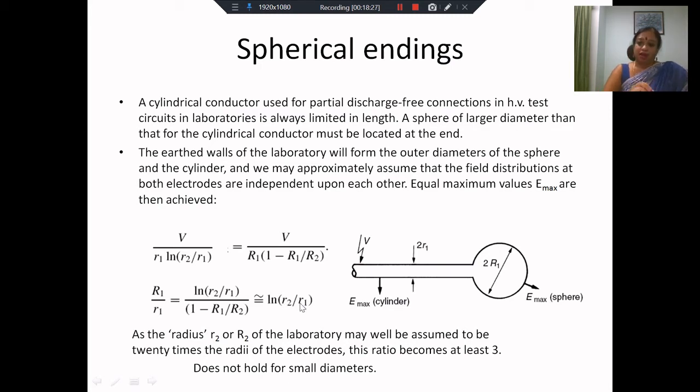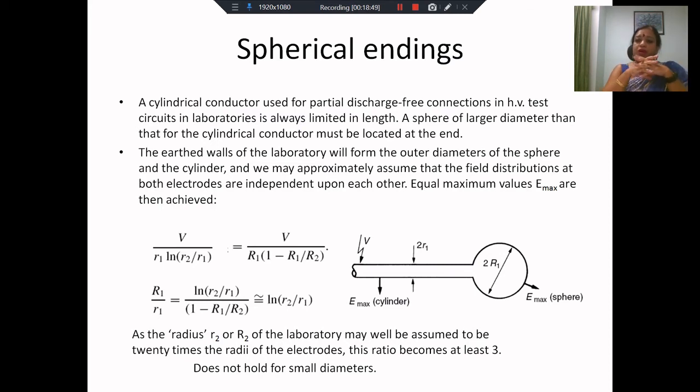If you satisfy this arrangement, that is capital R1 is 3 times the small r1, then you are safe. You are not going to have discharge at the surface of the spherical end termination. You are well protected. You have effectively controlled the stress intensification that is likely to happen.